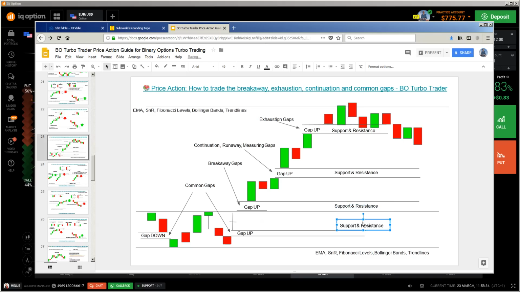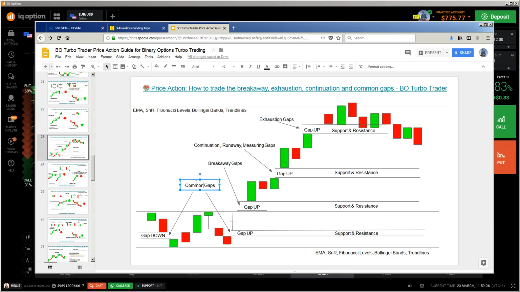Now that the iqoption platform has changed and they are showing those gaps too, I got a lot of questions from users and traders who asked me how to draw support and resistance areas. This is how you draw them: you almost just have to use those gaps as support and resistance areas. So easy it is. I would say this was the stuff about the most important gaps, the common gaps.